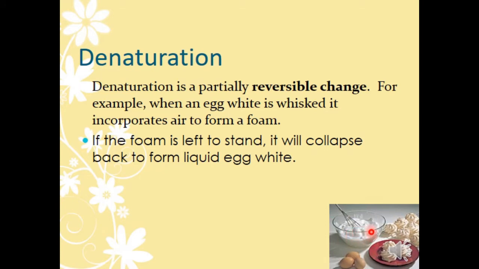And when you leave it to stand, this foam will collapse back into liquid. So that is an example of partially reversible. Partially reversible means the foam becomes liquid again.